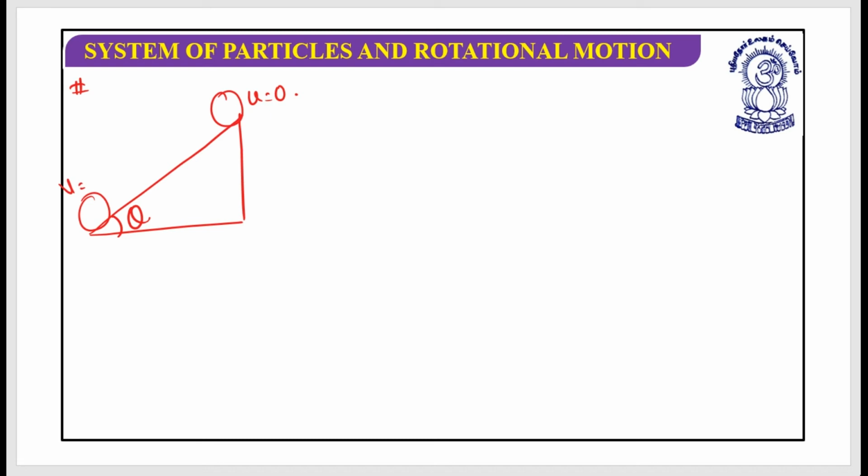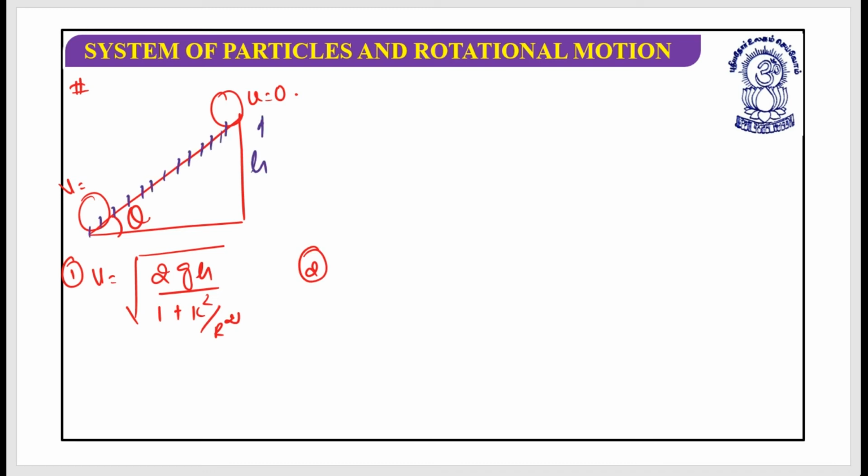First, that velocity was root of 2gh upon 1 plus k square by r square. This is with friction, and this is height h.